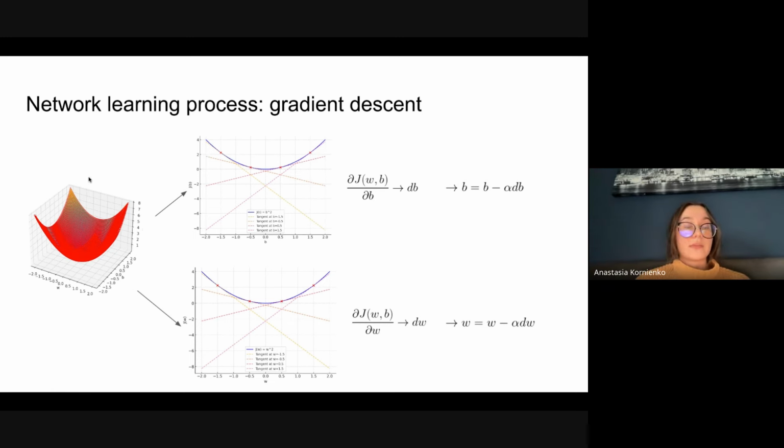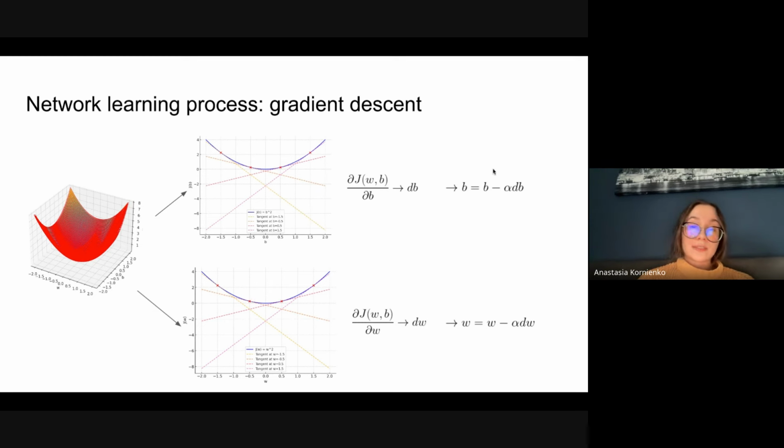This is a three-dimensional view, and there are two-dimensional views, where we can also see derivatives. For example, on this point the direction is this one, on this point the direction is this one, and so on. It's for W and for B. And these are the formulas for how the derivatives are presented for B and W.